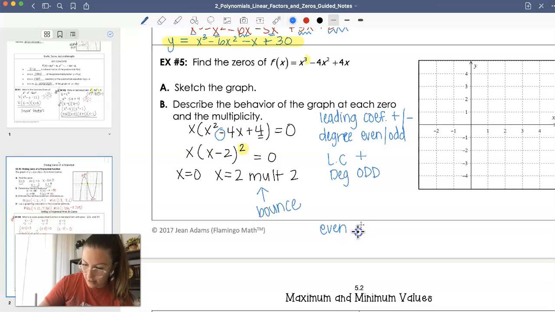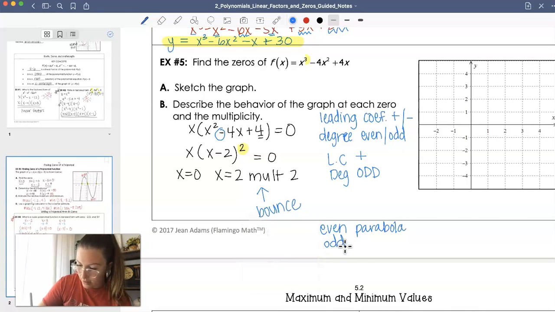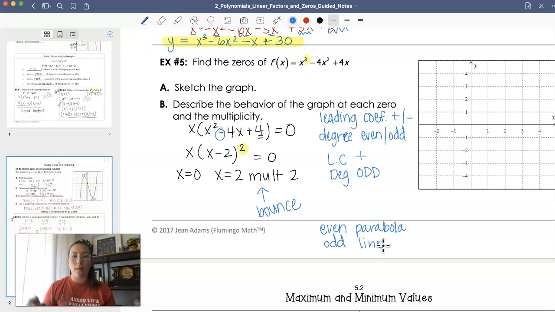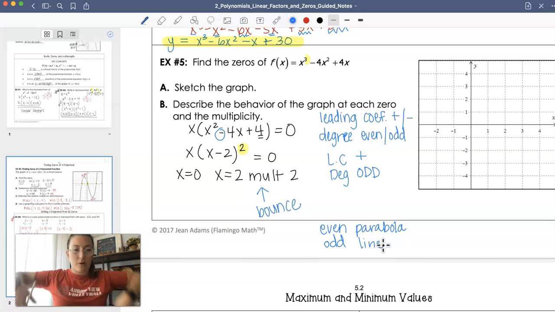So if it is an even degree, you're going to think parabola. If it is an odd degree, you're going to think line. You should know a positive parabola has both ends going up, and a negative parabola has both ends going down.